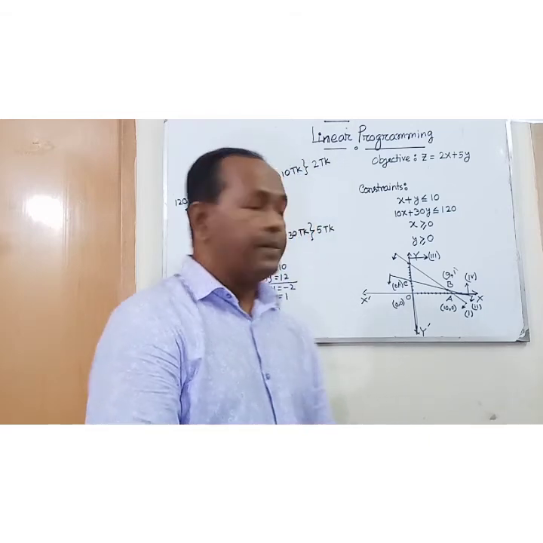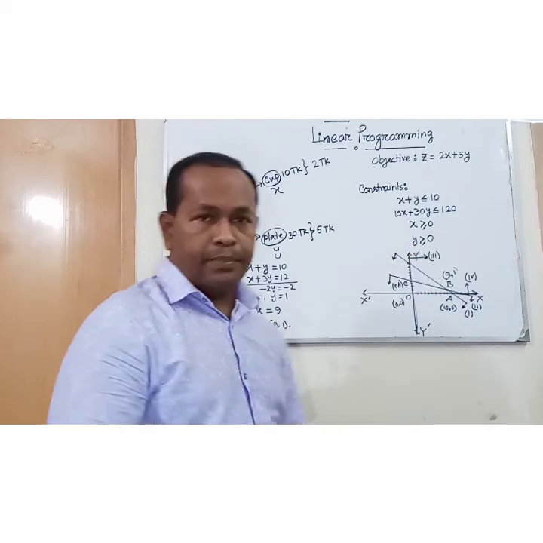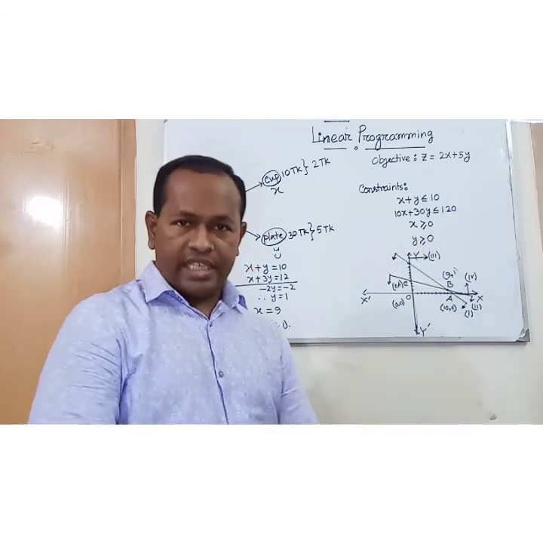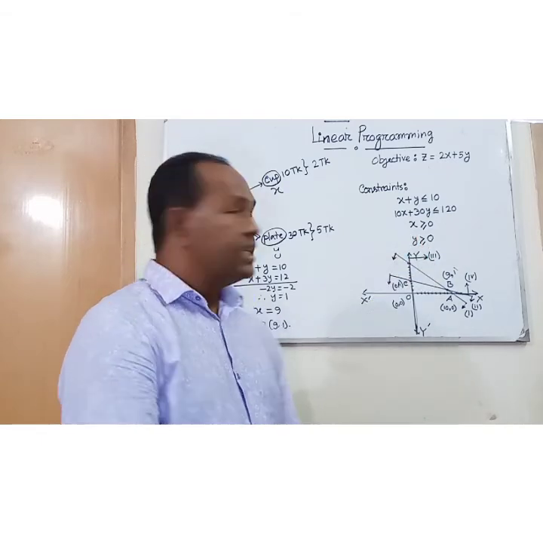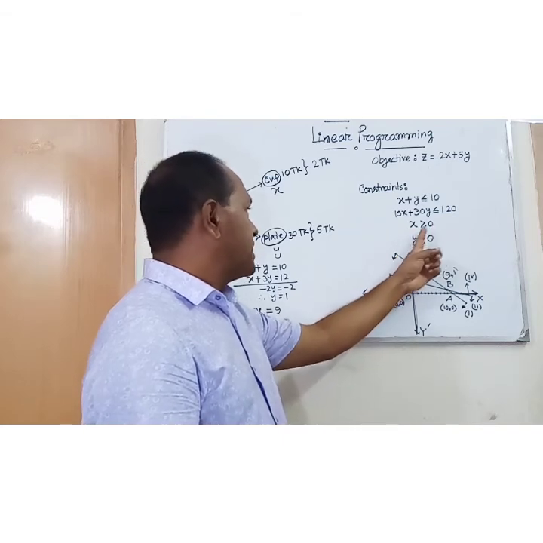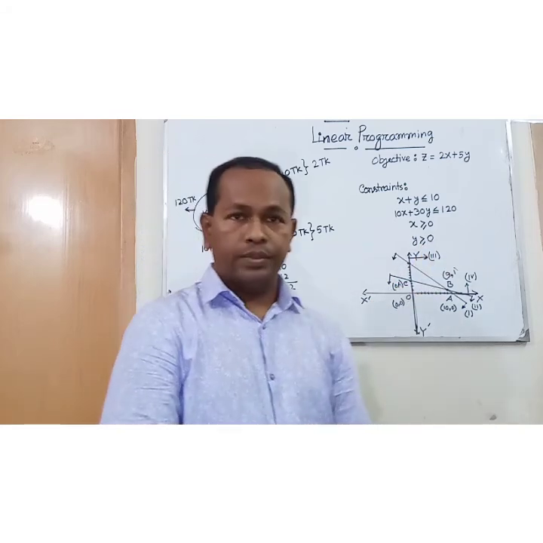Now, since x and y represent the number of cups and plates respectively, they cannot be negative. They should be non-negative, that is x is greater than or equal to 0 and y is greater than or equal to 0.